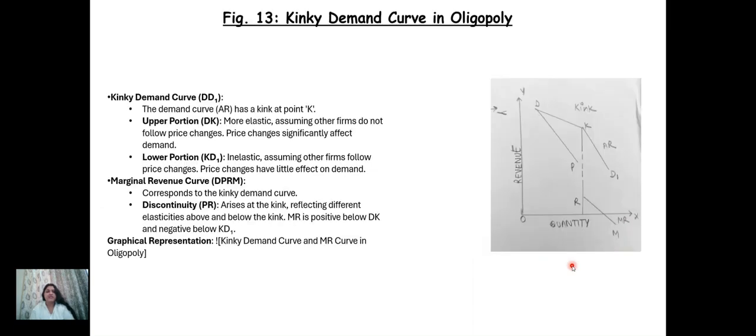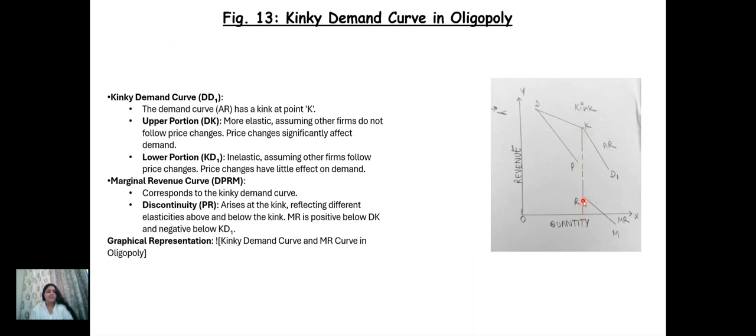Here there is a term, kinky demand curve in oligopoly. In the past slides, we discussed monopoly, but here we understand oligopoly. This shows the kinky demand curve and marginal revenue curve in oligopoly. You can see a line which goes to the x-axis.